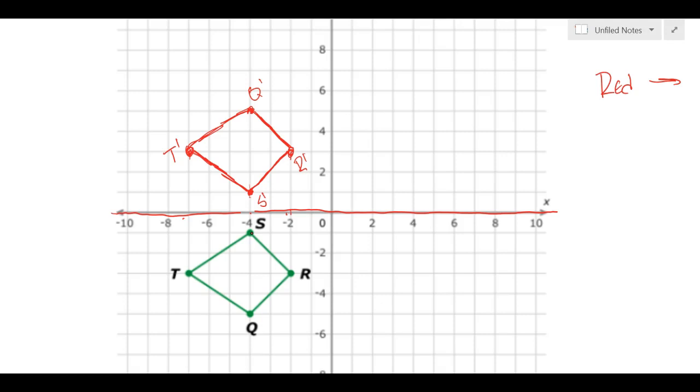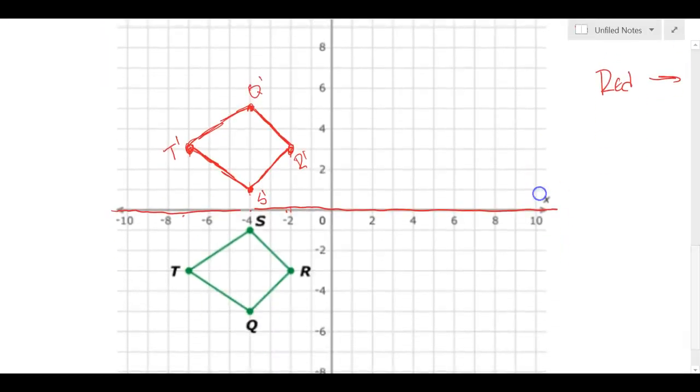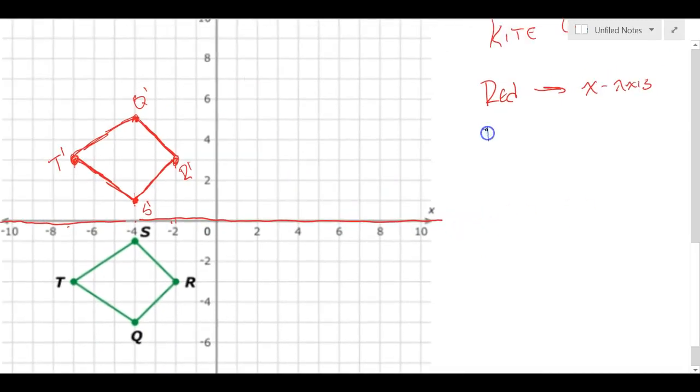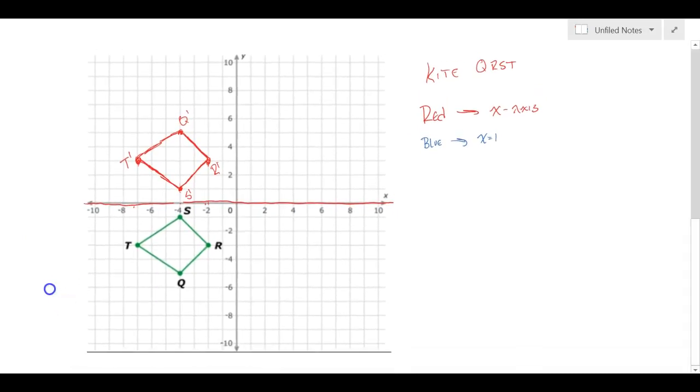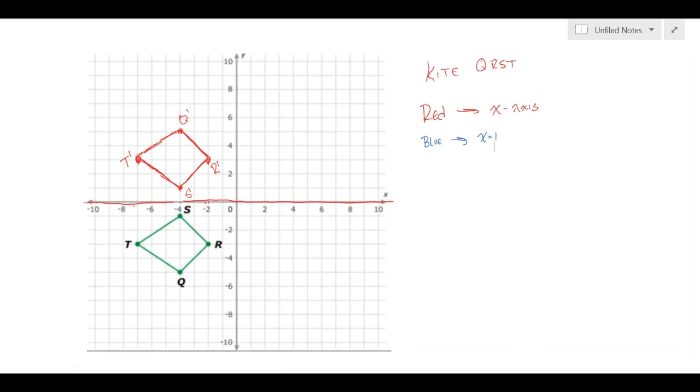We did reflect it. Now, in blue, I'm going to show you what this would look like across a different line. And in this case, we're going to do blue across a kind of confusing one. We're going to do it across x equals 1. Now, over the course of the year, we've been practicing some of these, and I hope you recognize this.